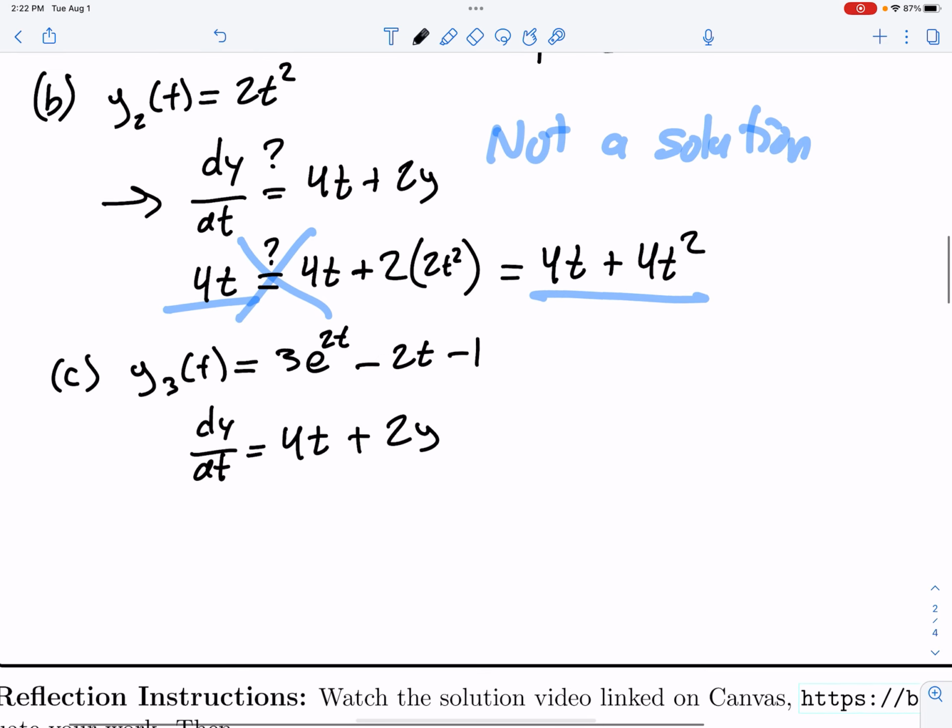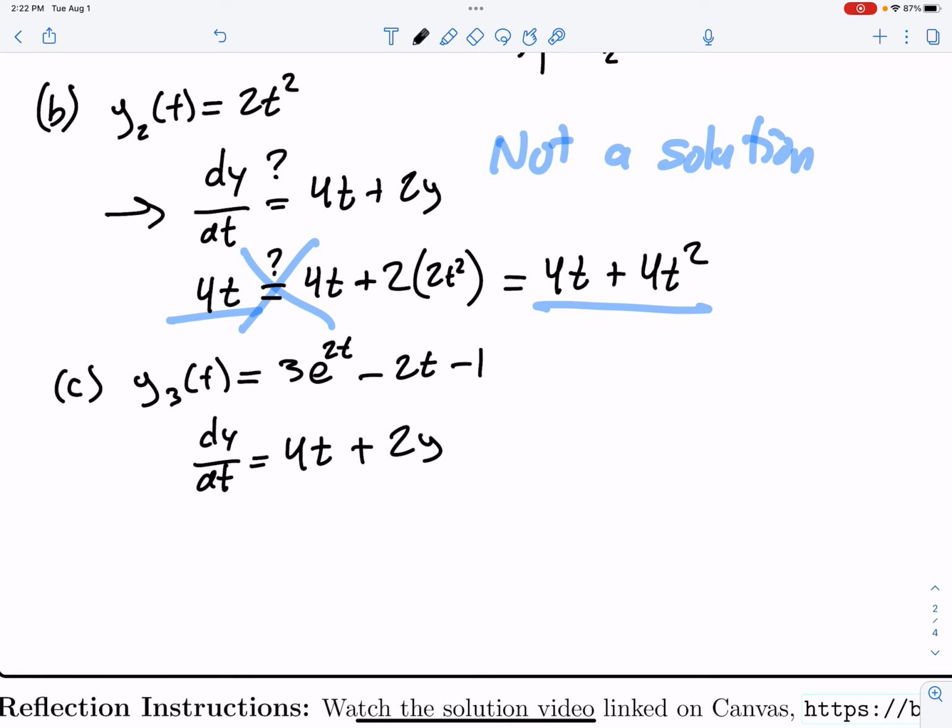So what's the derivative? What's the derivative of 3e to the 2t? That would be 6e to the 2t. The derivative of negative 2t would be negative 2, and the derivative of 1 would be 0.